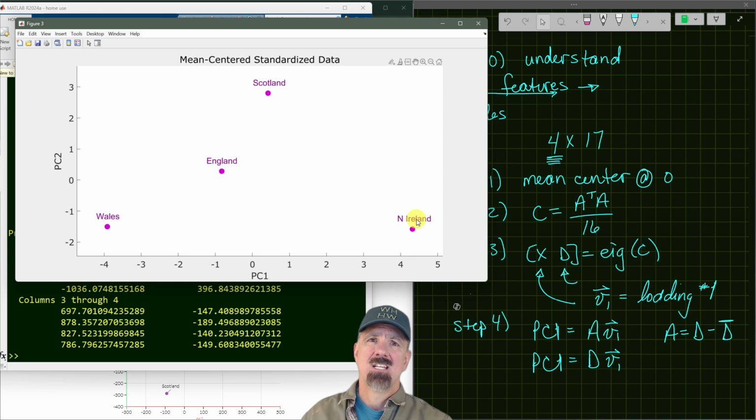The big difference is that Northern Ireland is no longer in the middle for PC2. It's actually an outlier even more than Wales is with respect to principal component number 2. So what I'll do now is show you the comparison between the mean-centered and the standardized, to give you an idea of what the difference is with each of these.